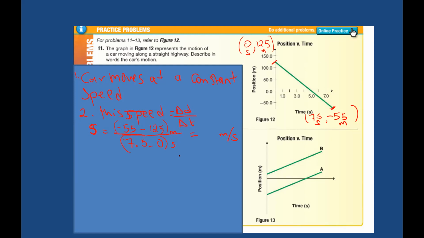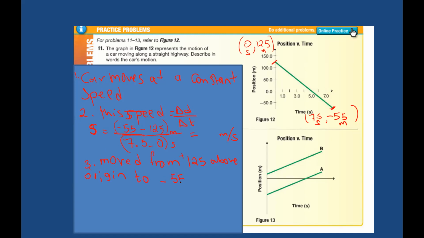A negative value only means that it's moving in the opposite direction. So when you get a negative value, it means that it's moving in the opposite direction. Number 3, you would say that it moved, in terms of location, from 125 above, in the positive direction above the origin, to which point?